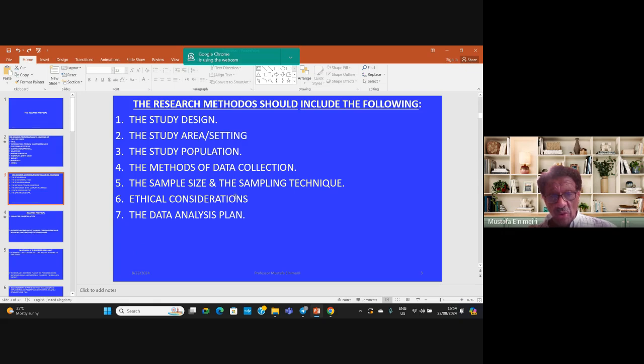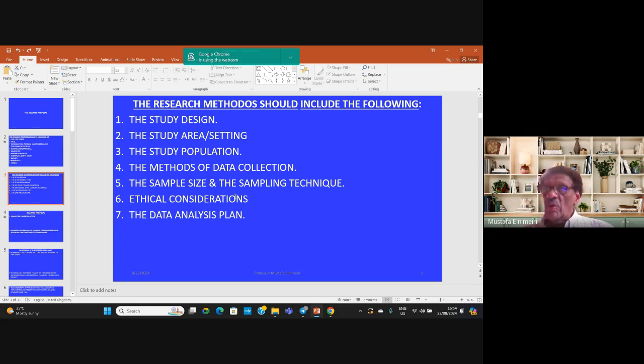In addition, we have to include under the research method the ethical considerations, and usually we have to state that the research proposal will be submitted for ethical review and approval and technical approval by the Institution Review Board or the Research Ethics Committee, and as well as if we are planning to conduct, for example, a study as community-based or a study in a hospital or in a school, we have to approach the authorized body and to have permission from the authorized body for the conduct of the study.